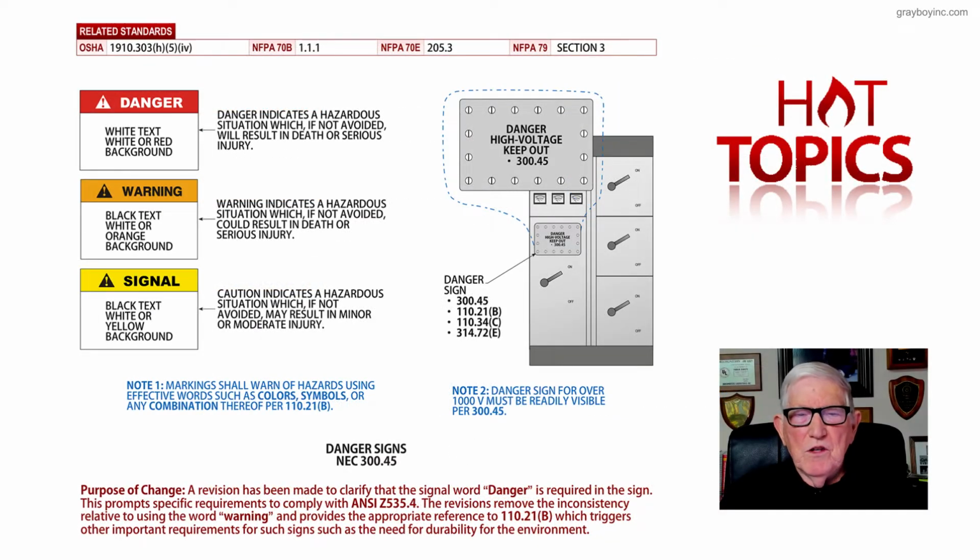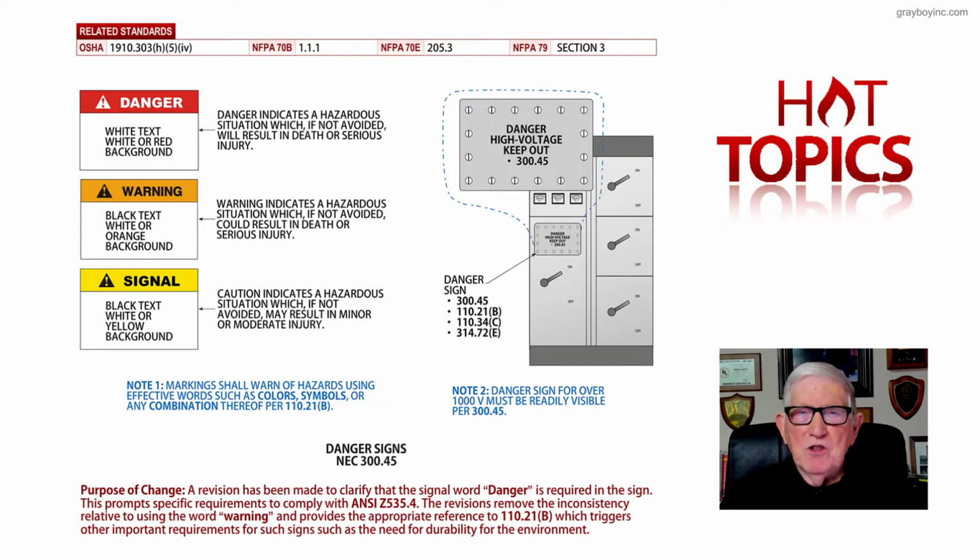Now this illustration deals with danger signs in accordance with NEC 300.45, page 149 in the NEC. Now notice this has been a revision to alert the designer, contractor, electrician, whoever has the responsibility of providing this label.